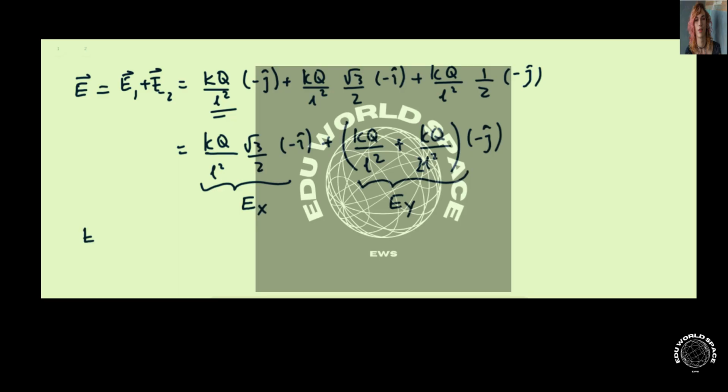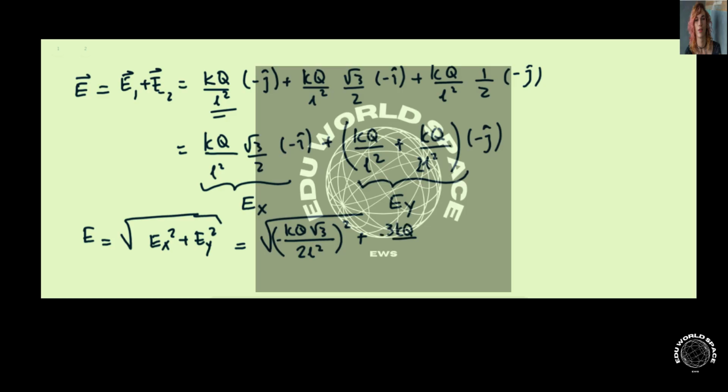Now, how are we going to calculate the magnitude? As you know, the magnitude is the square root of Ex squared plus Ey squared, right? So let's remember Ex is KQ square root of 3 over 2L squared. The negative of it, but we're going to take the square, so that's not a big deal if you forget at this point. Plus, we have this term, negative 3KQ over 2L squared, but the square of this, right?